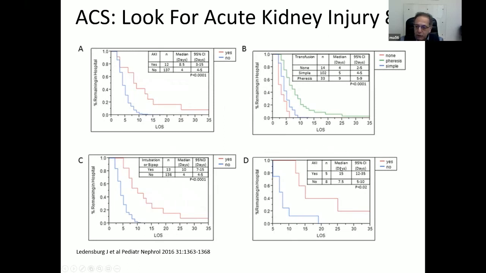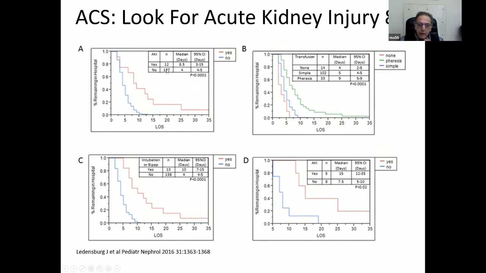So you can see here the number of patients who developed acute kidney injury. Patients who developed it did so in a median of 15 days, and they had higher intubation rates.